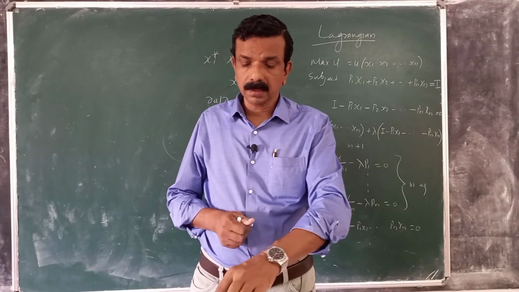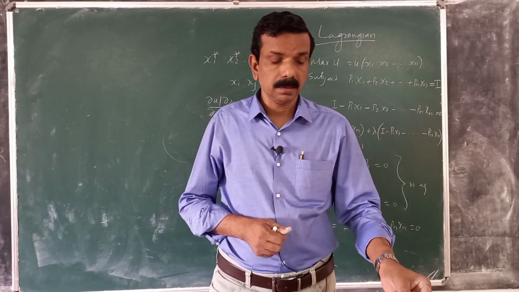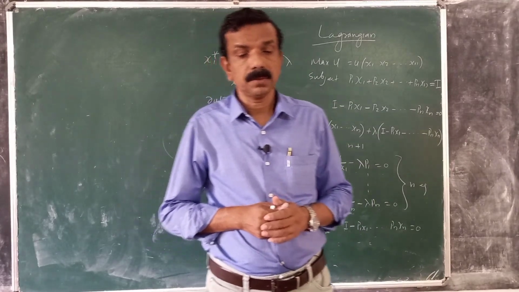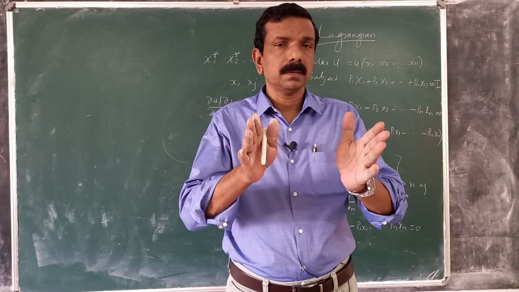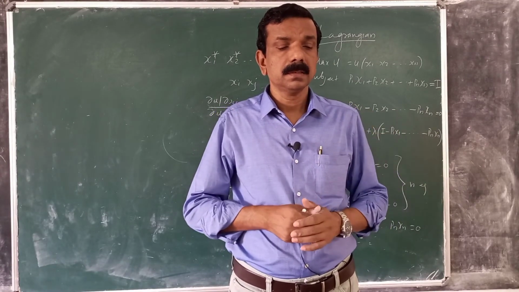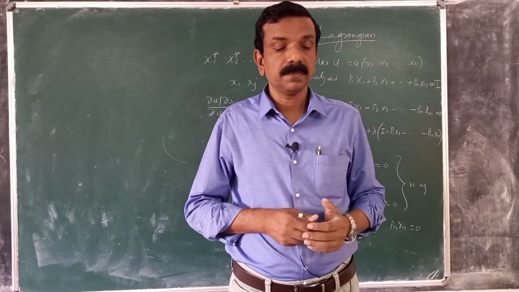So, for equilibrium, the requirement is marginal utility per dollar should be equal whether it is spent on x1, x2, etc., xn. And this is known as marginal utility of income.